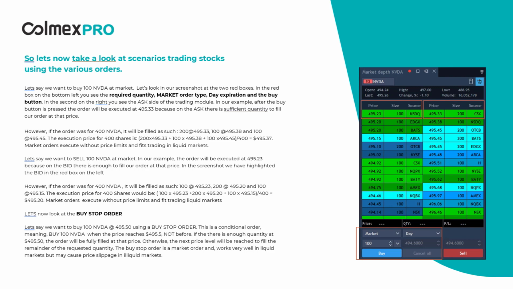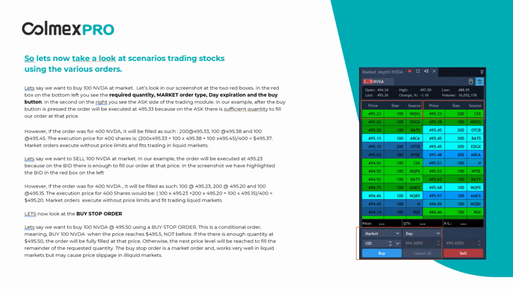However, if the order was for 400 units or shares of NVIDIA, it will be filled as such. We will take out the first line, which is 200 shares at $495.33. Then the second line below that, which is 100 shares at $495.38. And then the line below that to finalize our order with 100 shares at $495.45.